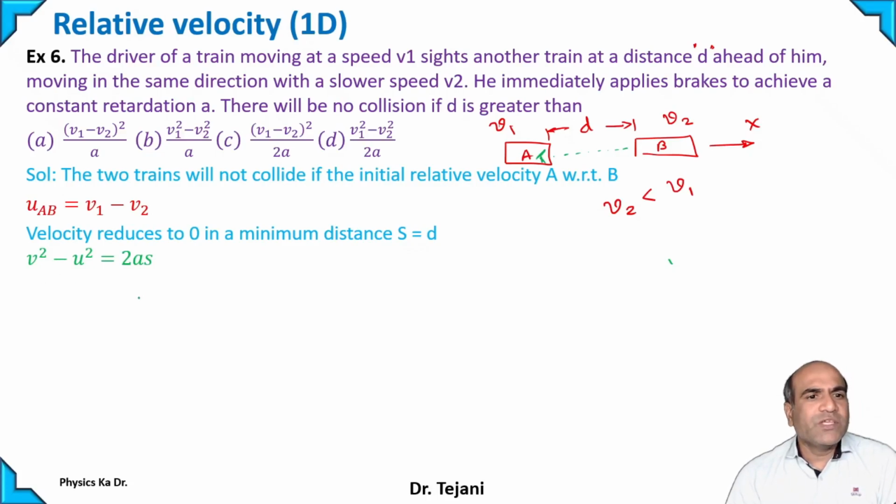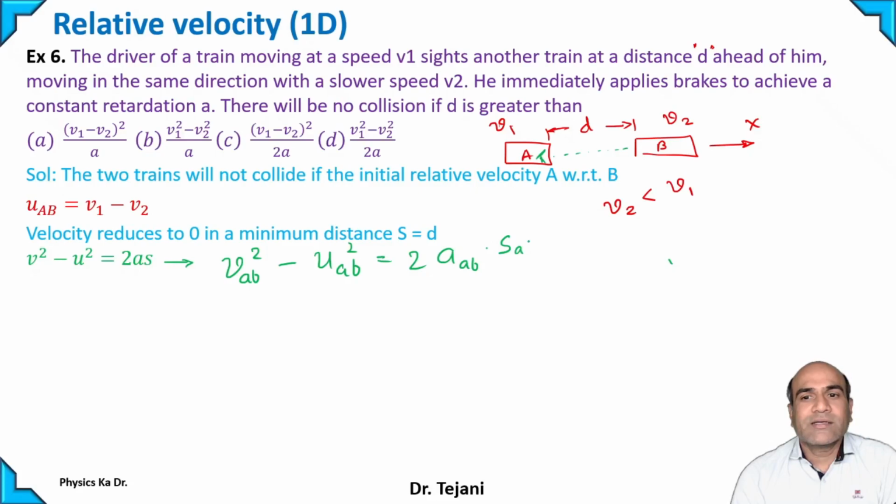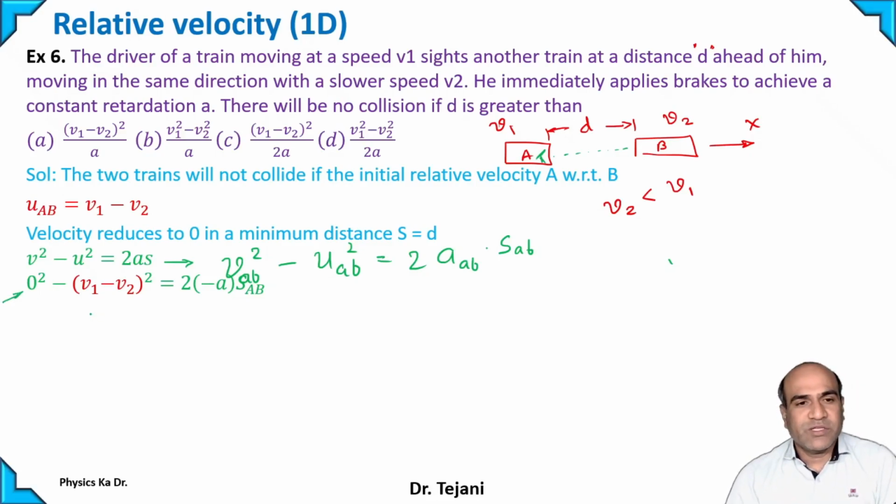We can use V square minus U square is equal to 2AS. Here again I am mentioning, this is the actual equation, you can write it like that: VAB square minus UAB square is equal to 2AAB SAB. We know that the final velocity should be 0. And what about U? This is the initial velocity.